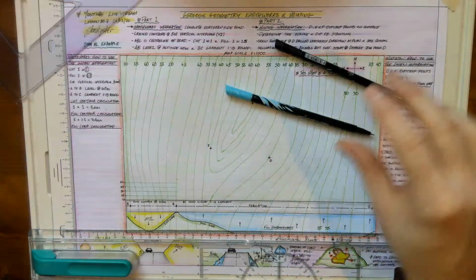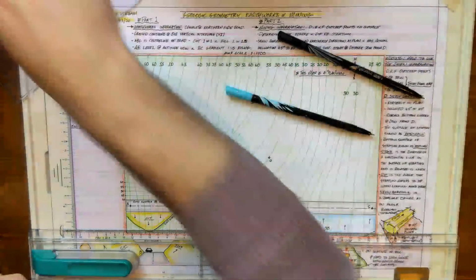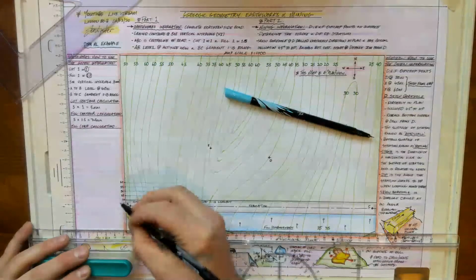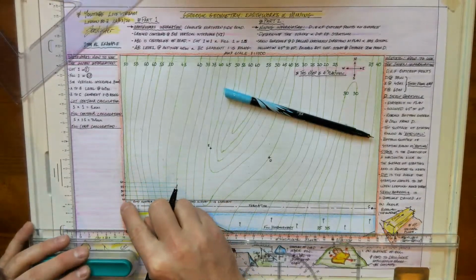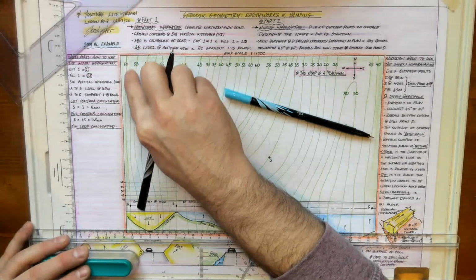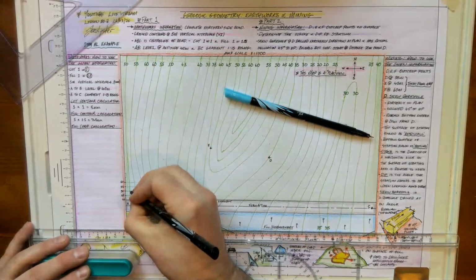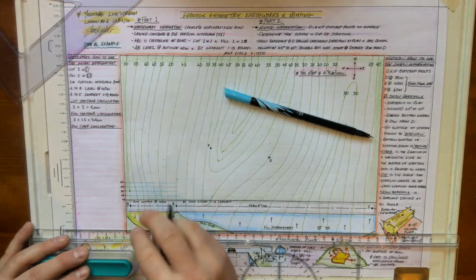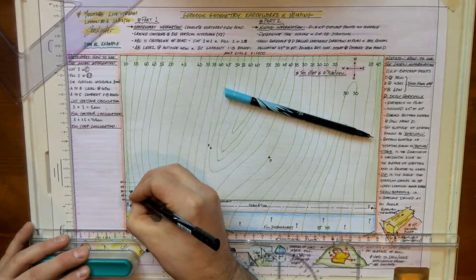I don't want to waste time needlessly. Now I'm going to highlight the points that they cross. So for example, 40 is the side of the road. I'm going to look at this first contour, it's 50. Where it intersects the cut contour line, the blue line here, that's going to be a point.